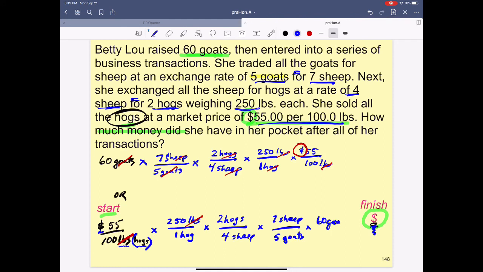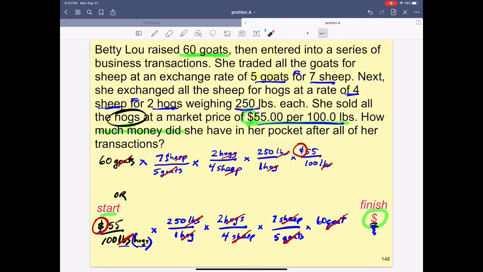So the previous one may have felt more comfortable. Either way, we can get there. Our hogs will cancel. The sheep will cancel, Betty Lou's original 60 goats will cancel, and all that's left standing is the dollars.